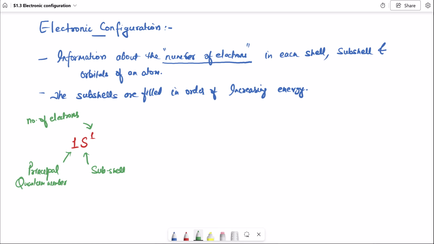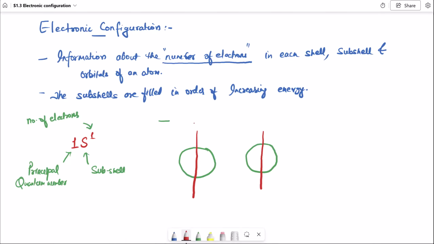Before going into the detail of the electronic configuration, let's discuss how electrons actually are. You can imagine an electron as a spinning charge, like this. There is an axis on which these electrons are moving.